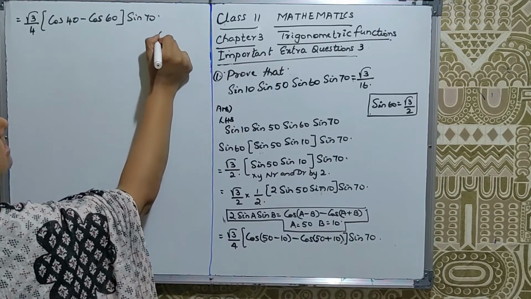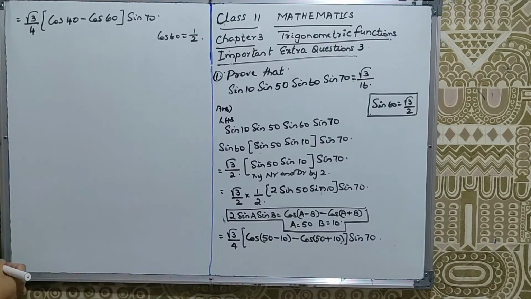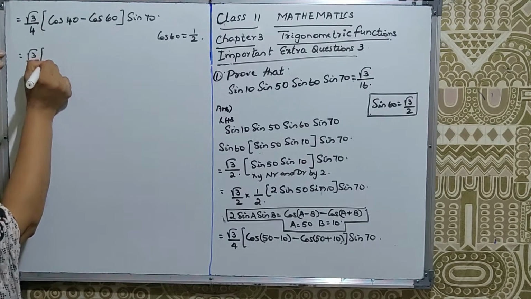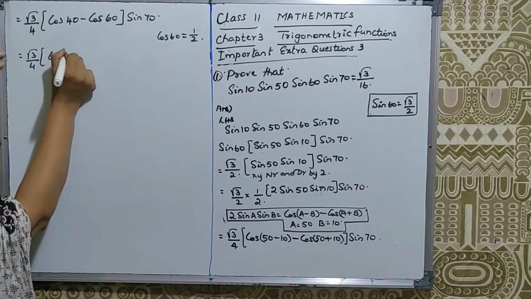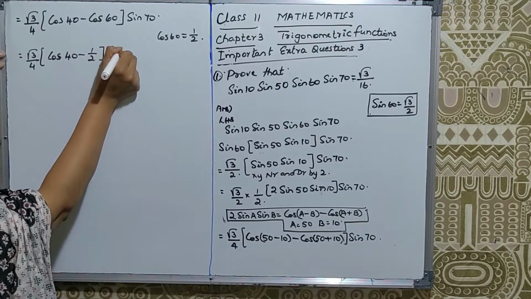But we know cos 60's value. Cos 60 is half. So it will be root 3 by 4 into cos 40 minus half into sin 70.